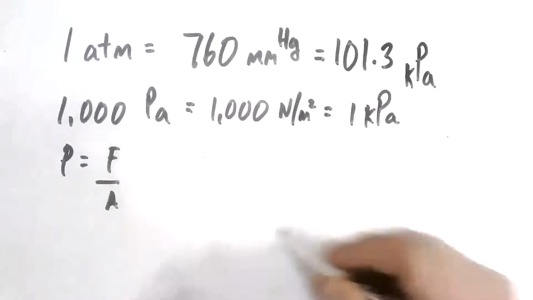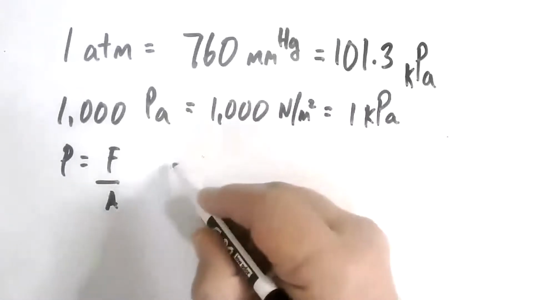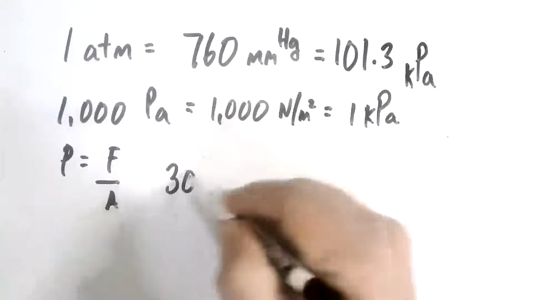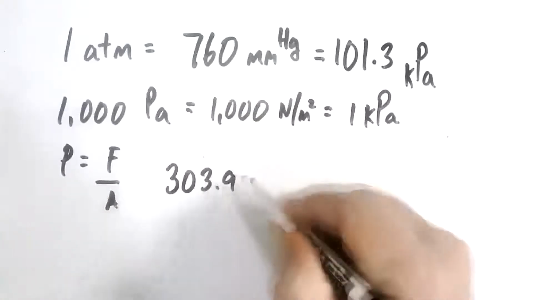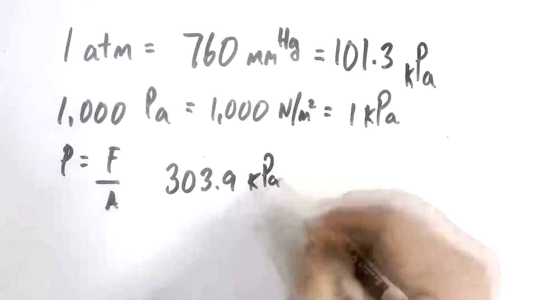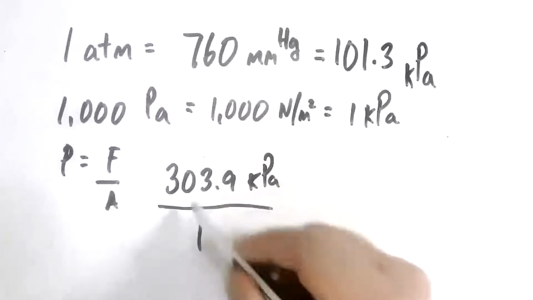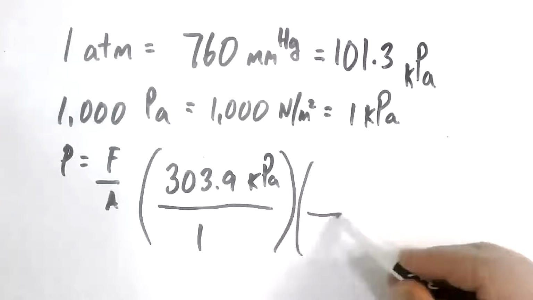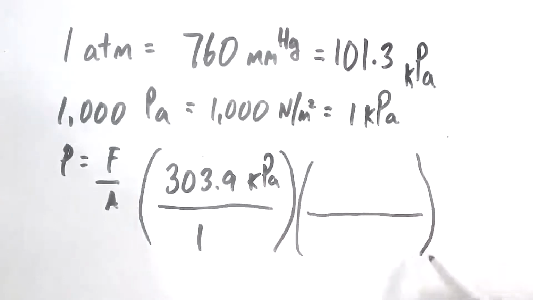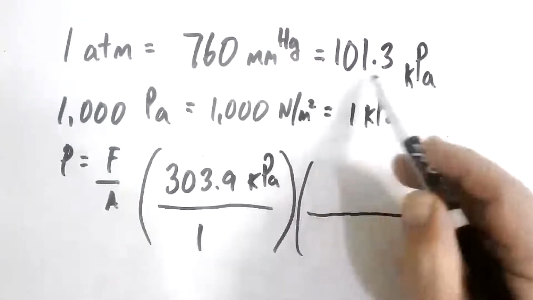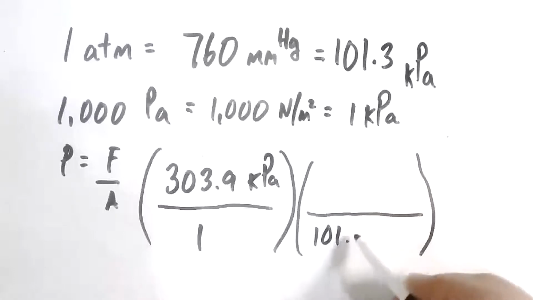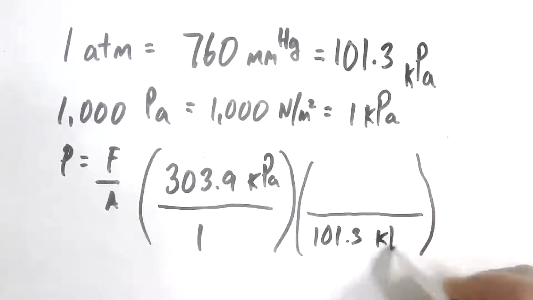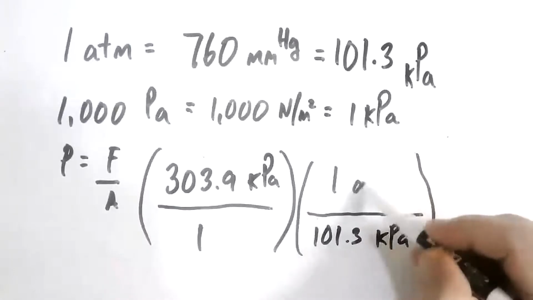Now say that we're given a number in kilopascals. Let's say it's 303.9 kilopascals, and that would be a lot of pressure, very unpleasant. We write it as a fraction over 1 inside parentheses. Let's say we want to put that into atmospheres. Our conversion factor says that for every 101.3 kilopascals, we would have 1 atmosphere.